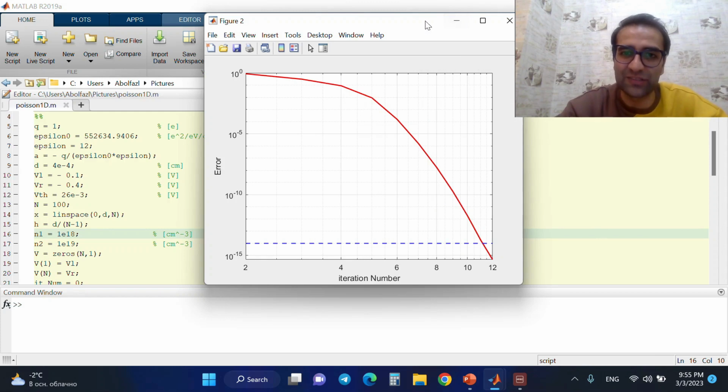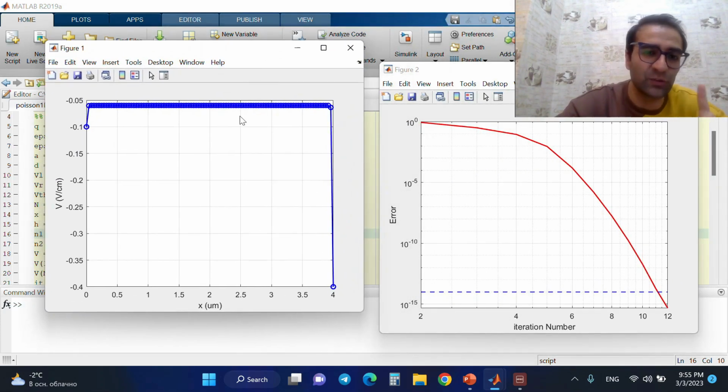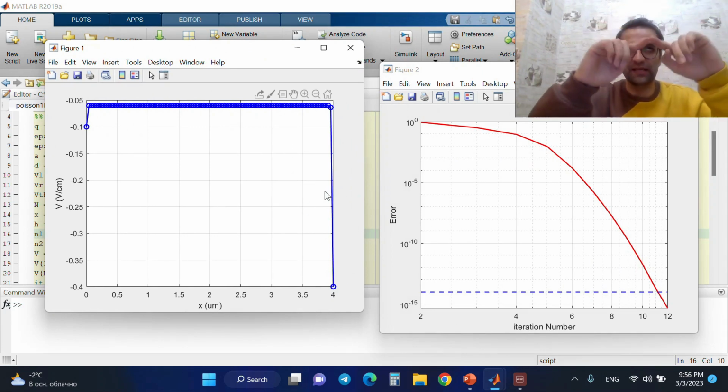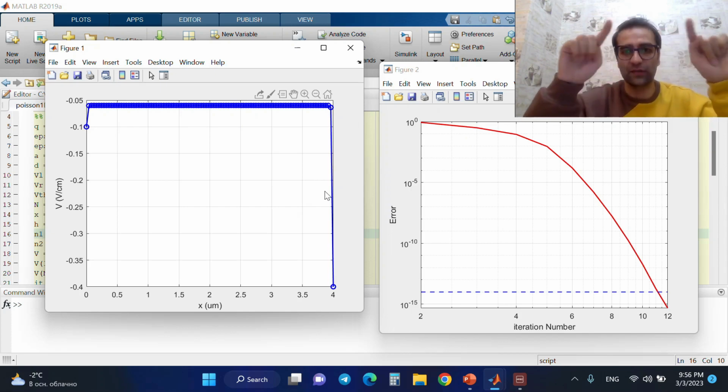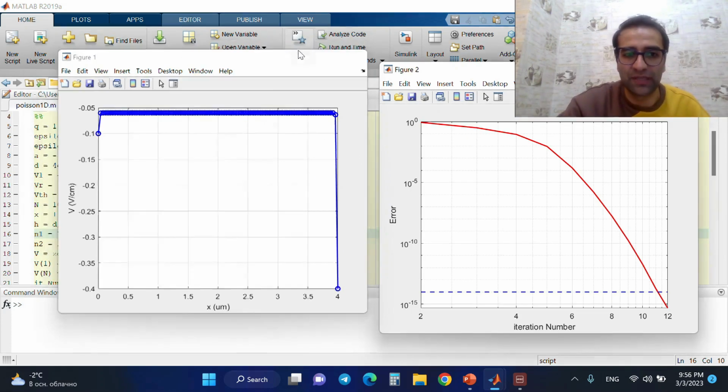Let's look at the solution, and the solution is exactly true because we have convergence. We know that when the doping density is high, as I mentioned, this N1 plays the role of doping density, we will have a very strong change in the potential at the boundary.